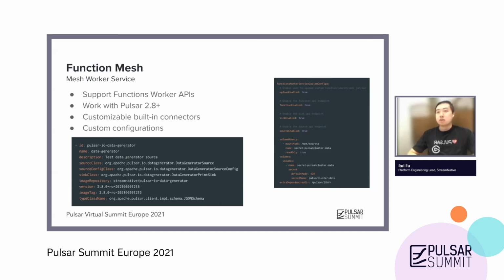With Mesh Worker Service, users do not need to change the way they manage functions with pulsar-admin or pulsarctl. Currently, Mesh Worker Service works with Pulsar 2.8, and we also added some useful configs to allow users to customize the worker service, like disabling specific API endpoints. It also allows users to manage built-in connectors by defining the metadata of supported connectors.